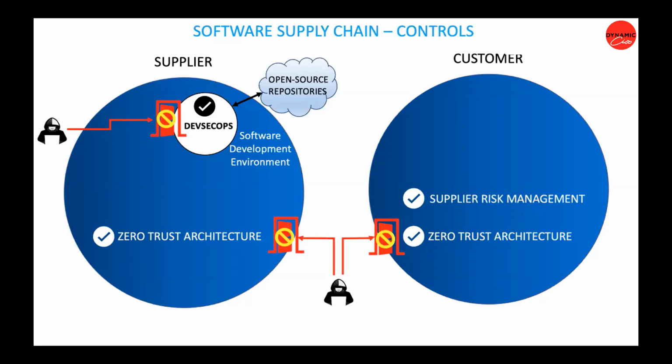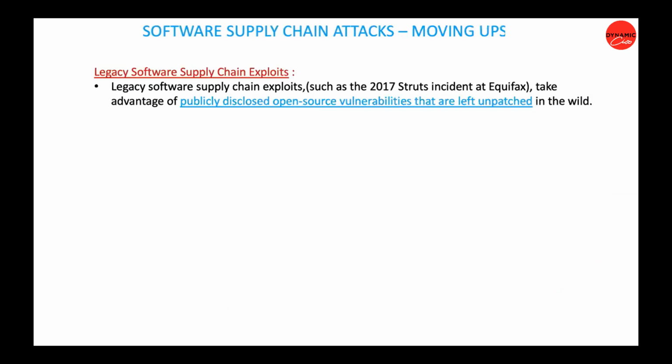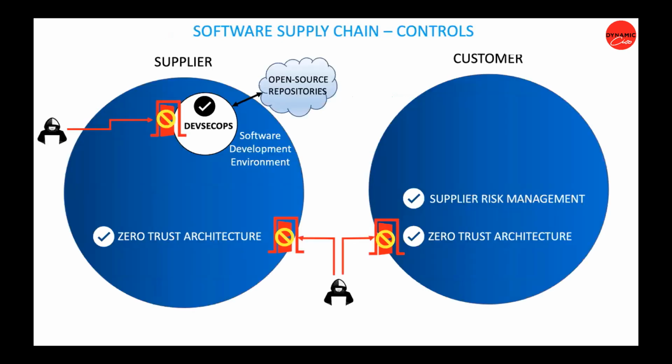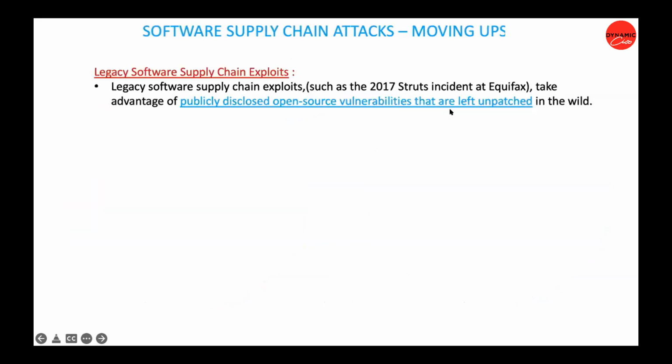So they started moving upstream. Typically, as with Equifax, the 2017 Struts incident I was mentioning, they used to look at the open source repositories. If any of them had vulnerabilities that were not patched, they used to leverage that to breach an organization. That is, publicly disclosed open source vulnerabilities left unpatched were what they were leveraging.